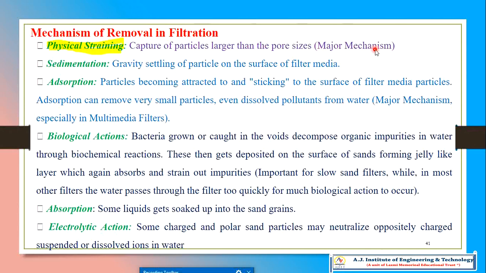Please think of it: if you have a bed of sand and put in water with some particles larger than the size of the pores, the water will pass through the sand, but the particles larger than the pores will be arrested.